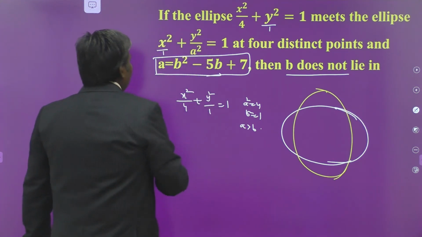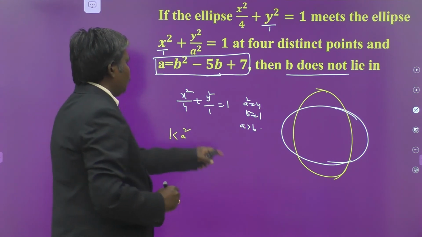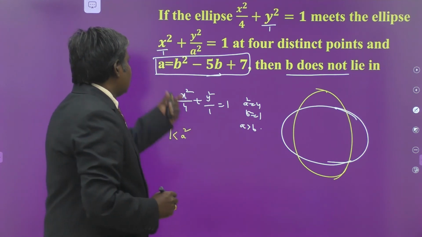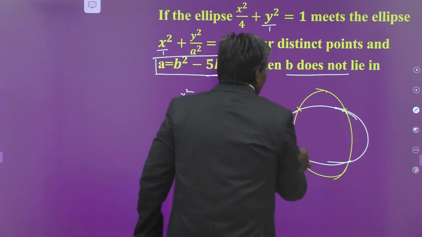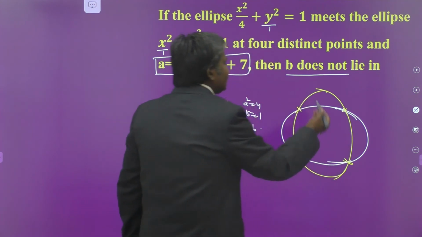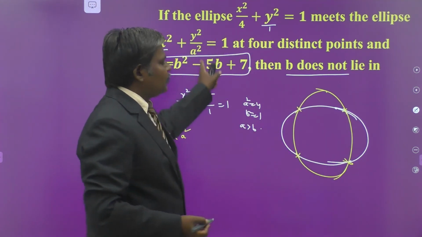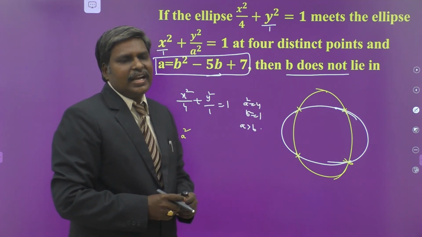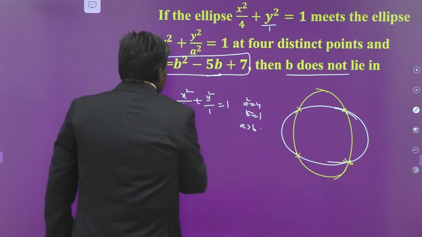That is possible only when 1 is less than a square. At that time there is a possibility to get 4 points of intersection. Otherwise we have an ellipse inscribed in the other, having the same center. Both the ellipses have the same center at the origin. So a square must be greater than 1.